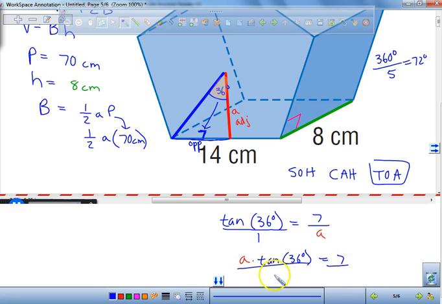So what do I have to divide both sides by? Tangent of 36. Now what's that going to give me? That's going to give me the approximate measure of my apothem, because these will cancel out. So this is going to give me an approximate value for A. I'm not going to get an exact value, I'm going to get an approximate value.